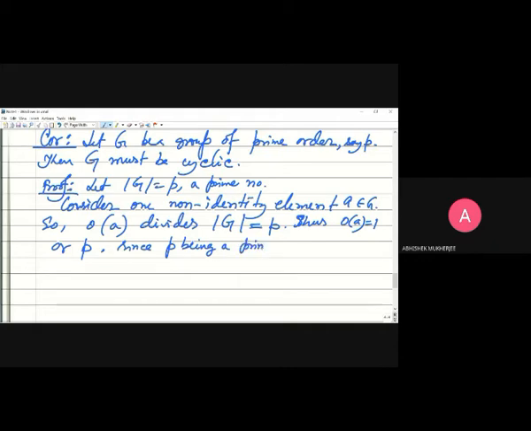Now since a is non-identity, this says that order of a must be p, right?